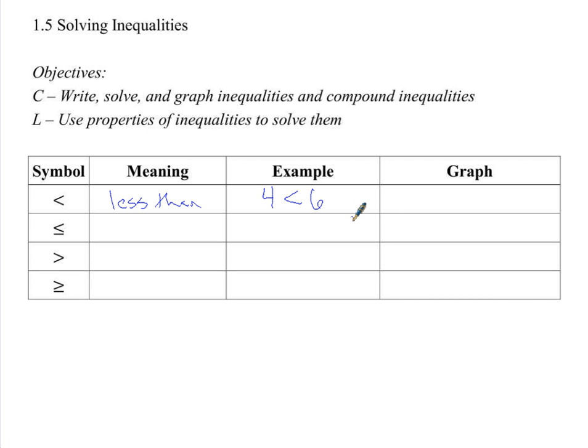The graph of less than, if I have a number line and I have maybe 4 sitting right here, less than would be, I need a dot and I need a direction for a line. Where am I going? What's my dot? The dot is open. And I go up and that way. Which way is that way?